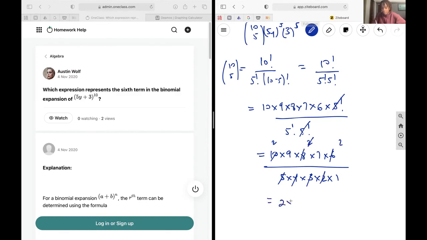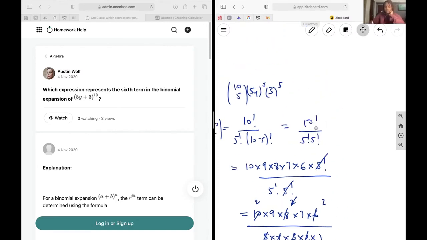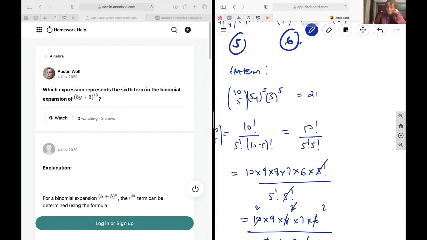And this will leave me with 2 by 9 by 7 by 2, and that's going to give me 252. And so I'm just going to put that right here.